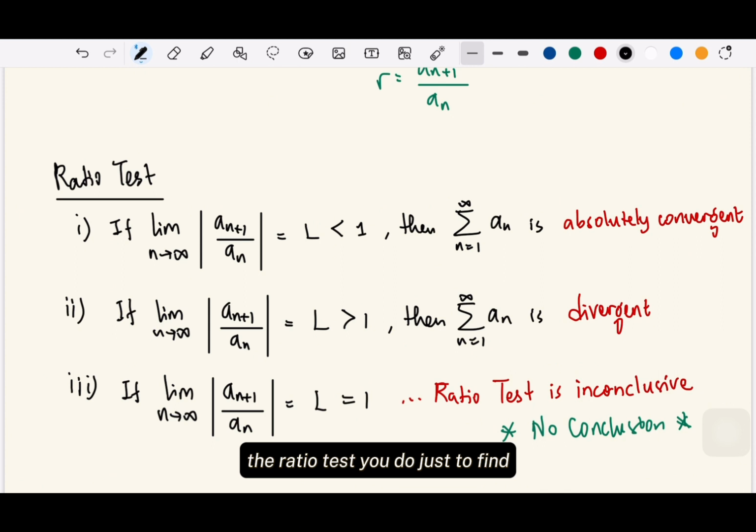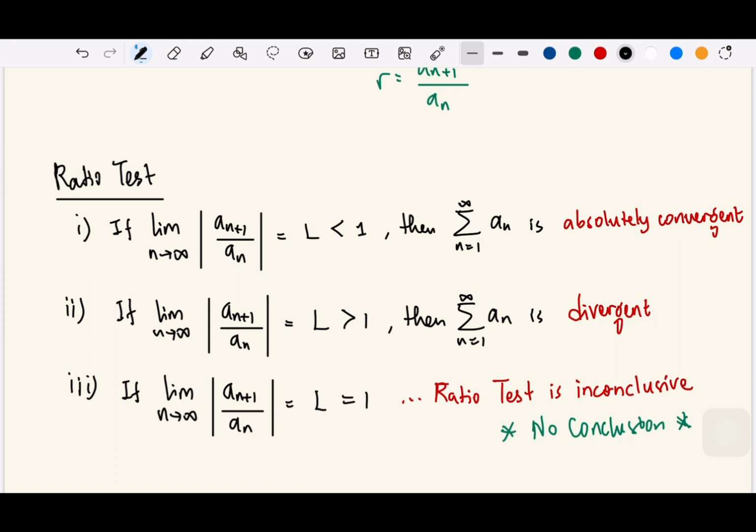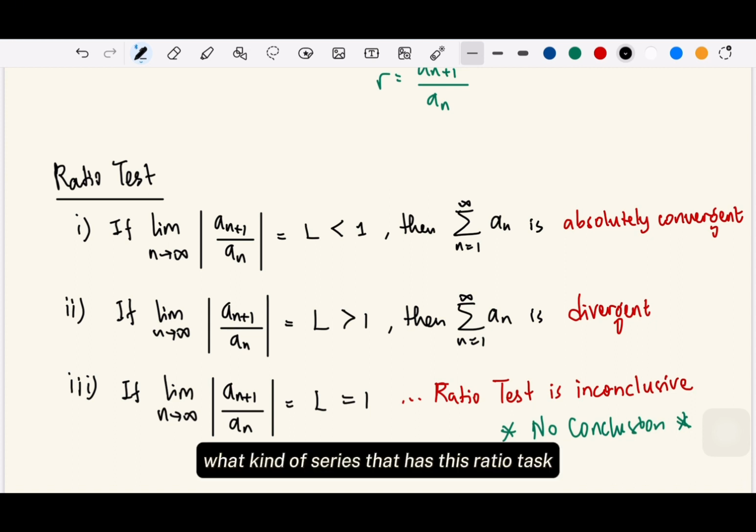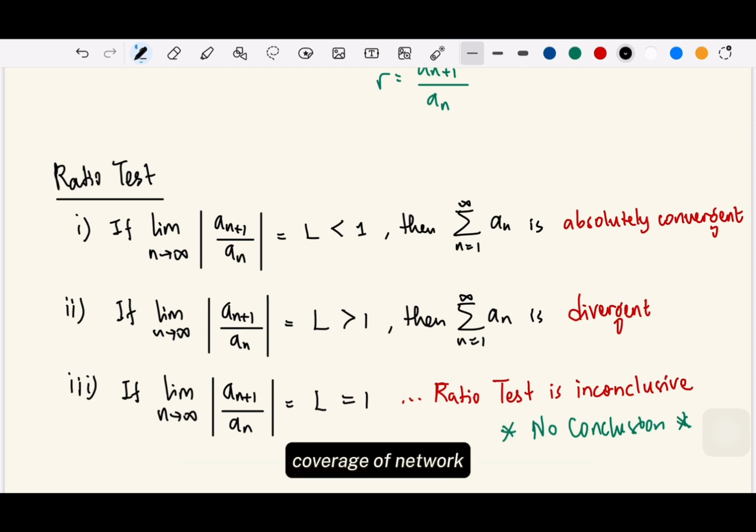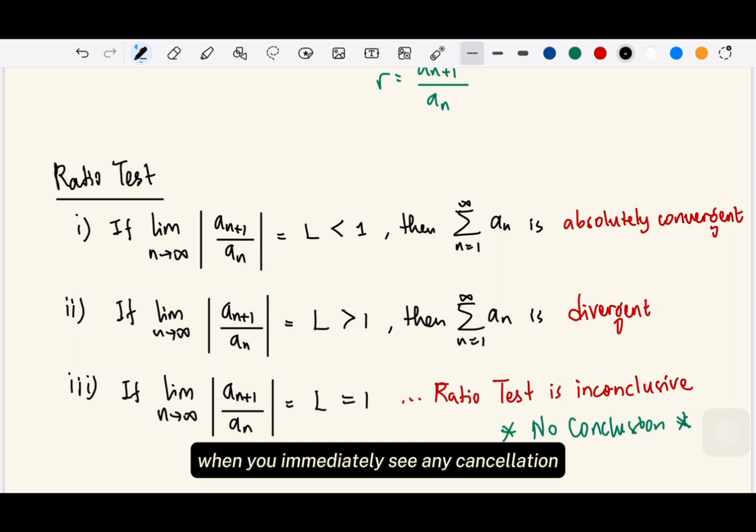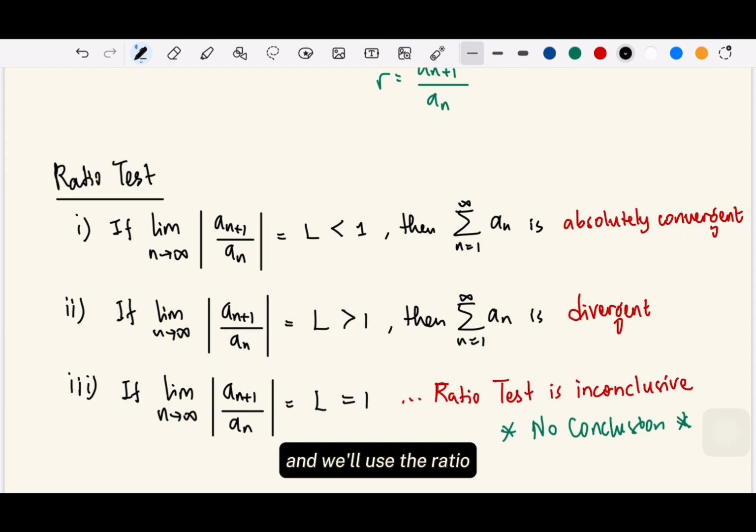You need just to find the ratio and then take the limit. If we have time, I have some exercises where you will see directly what kind of series suits this ratio test. Of course, when you immediately see any cancellation when you take these forms, then you can think, okay, I will use the ratio test.